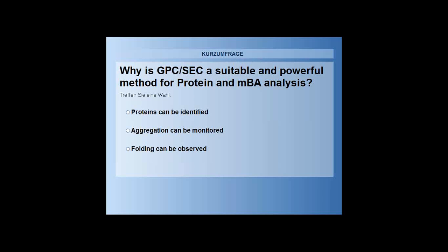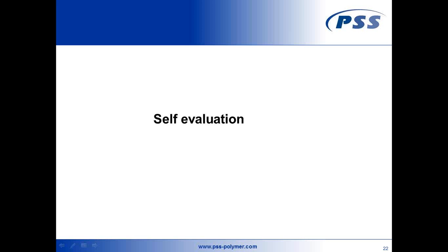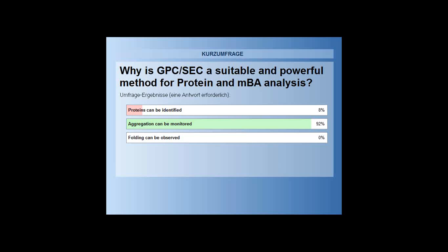And from what I see here, let me at least see if we can coast above 80%. Basically, almost all of you got that right. You can monitor the aggregation.